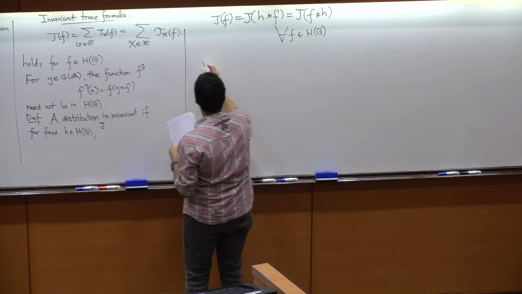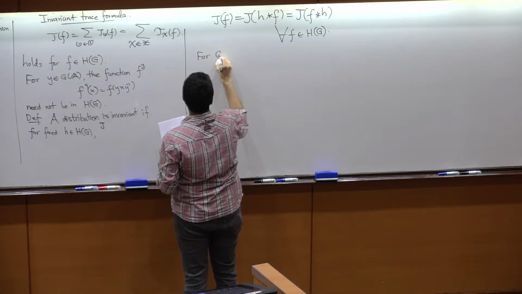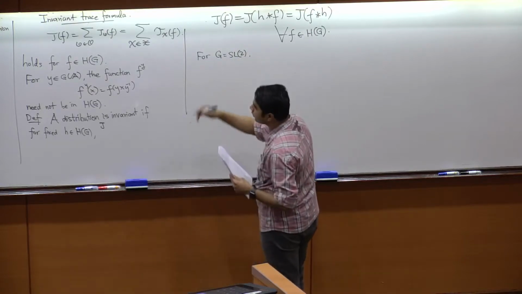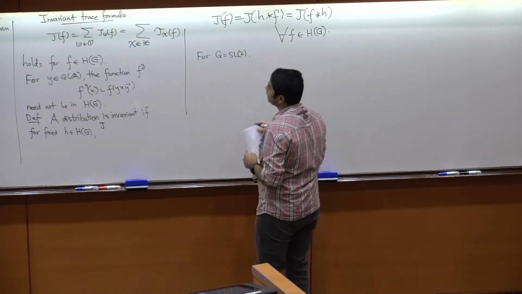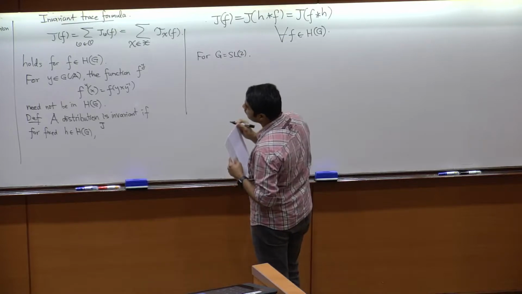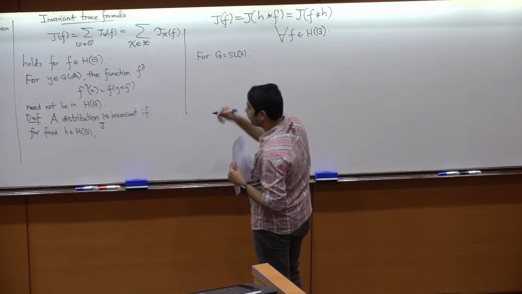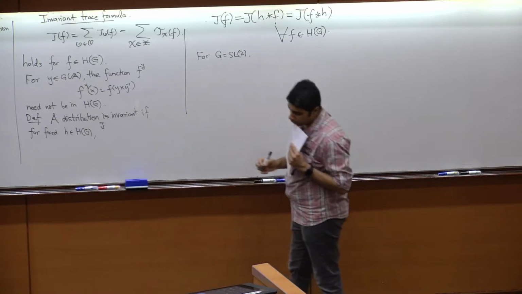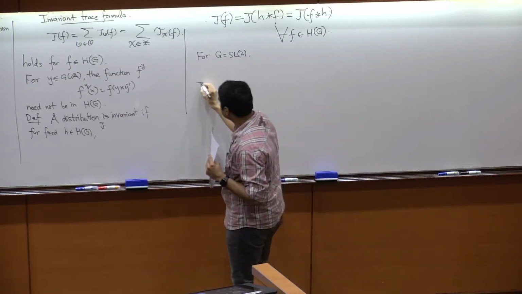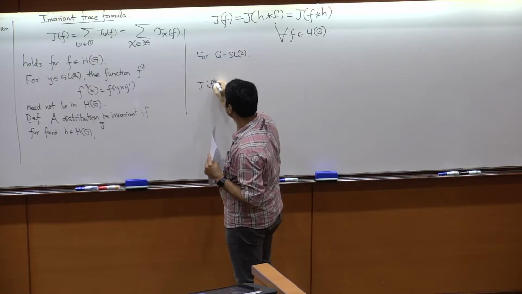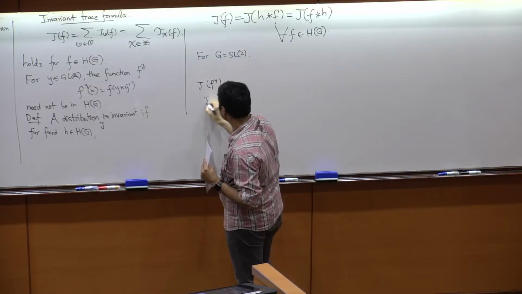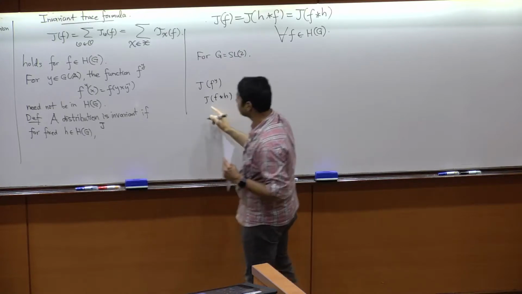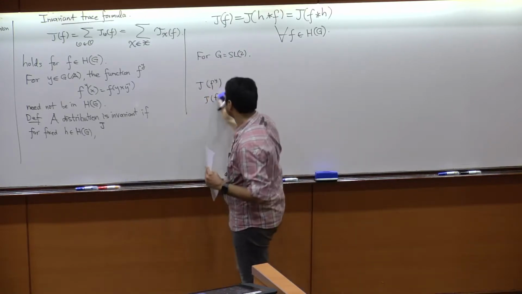And for SL2, first of all, this agrees with the previous definition, and Arthur gives formulas; the previous formulas hold with a similar modification. What I'm saying is, you had J(f^y), and if you have J(f * h), some similar formulas will hold for these as well.